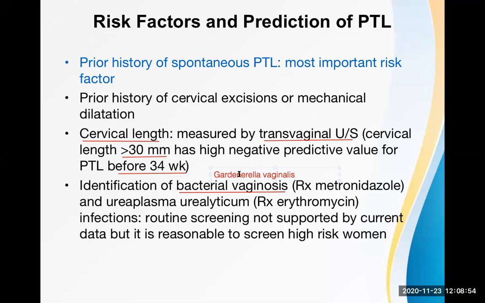The treatment is metronidazole. And Ureaplasma urealyticum is a similar type of organism like mycoplasma, and the treatment is erythromycin here. If these infections are there in the genital tract of the mother, then there is a chance of preterm labor. So we need to go for the treatment if these things are there.